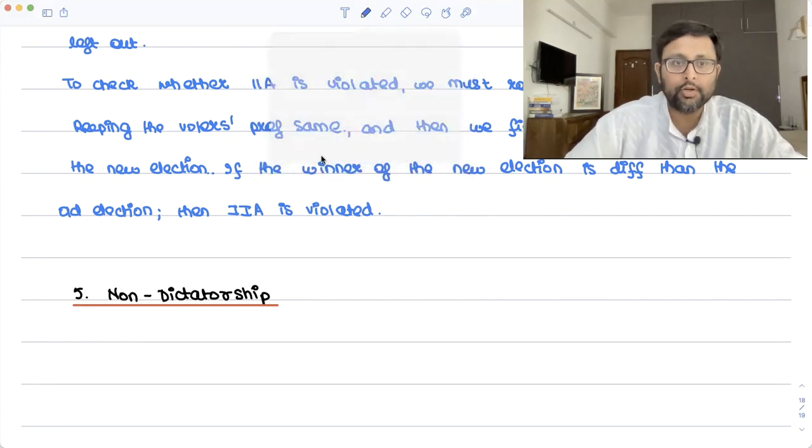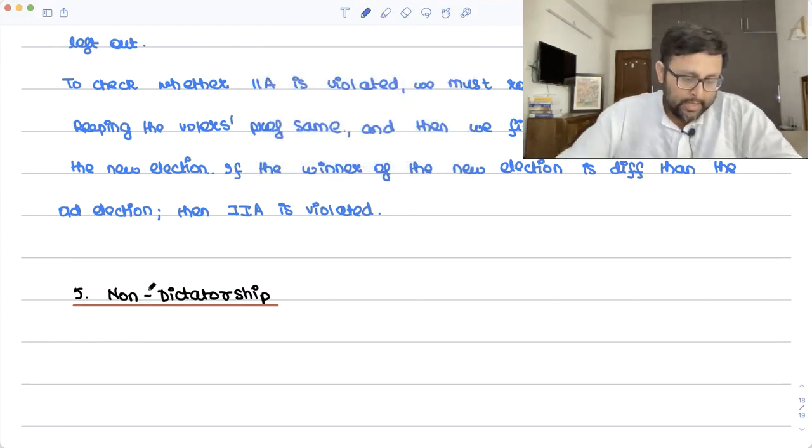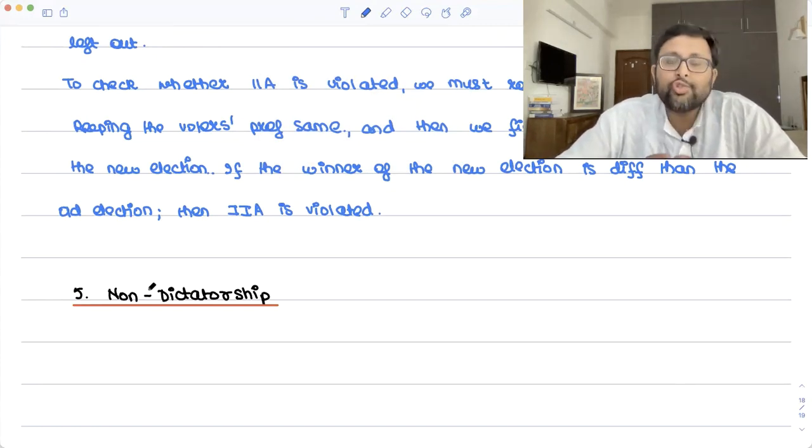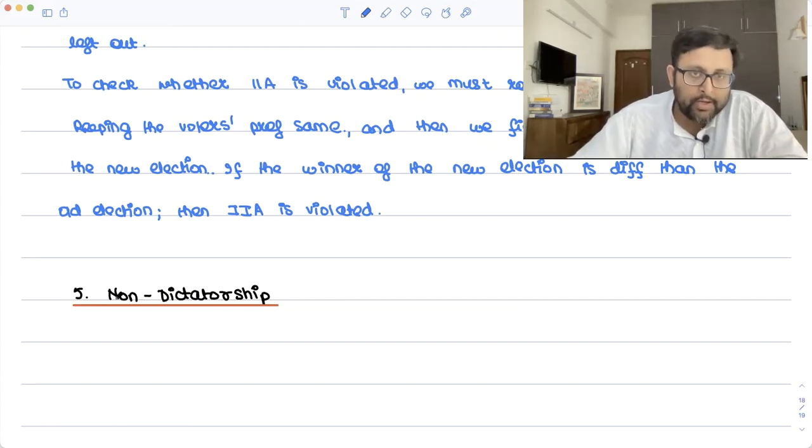So a social welfare function is a dictatorship if the social preference is just going to reflect the preferences of just one individual, regardless of even the entire society apart from him, right?